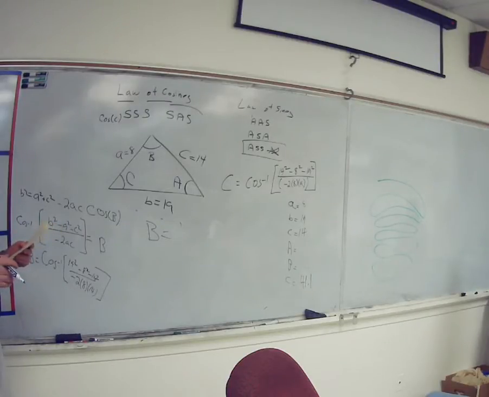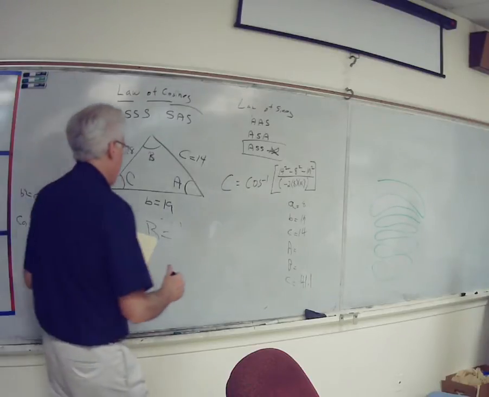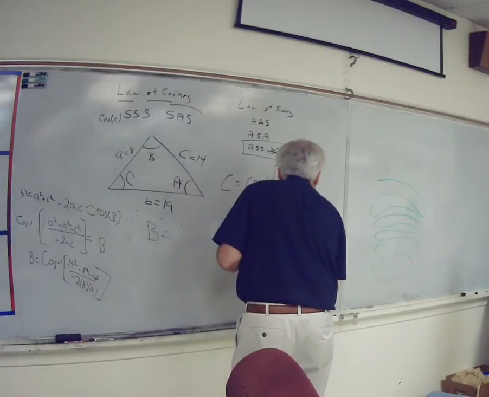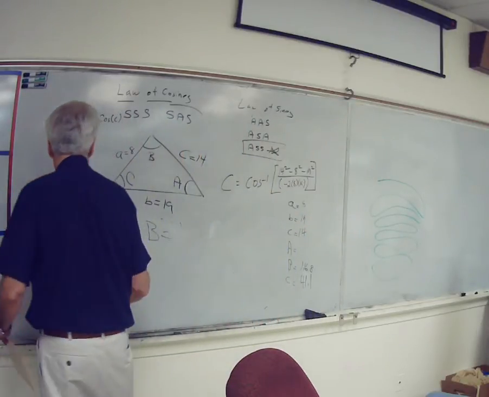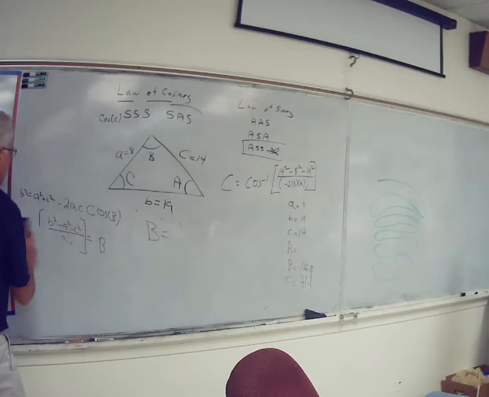I got 116.8. Boom. Ben, did you get that? Yes. Catherine, did you get that? Yes, sir. The reason I want each one of you to do it is to make sure you're doing the calculator right. So B is 116.8, making sure that we're working in degrees. You've got to make sure your calculator is set right.